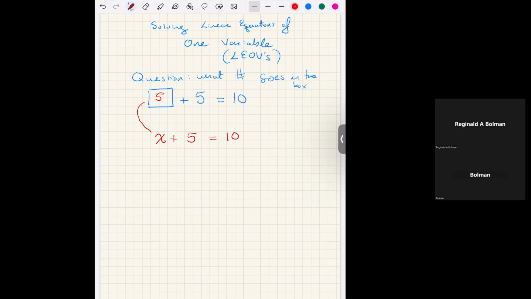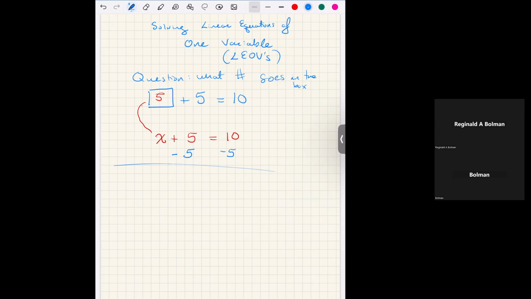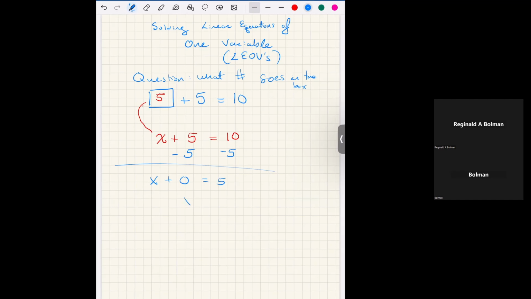Then at some point in time, your teachers may have taught you that in order to solve this problem, because you have x plus 5 is equal to 10, and the opposite of addition is subtraction, you needed to subtract 5 on both sides in order to solve this problem.